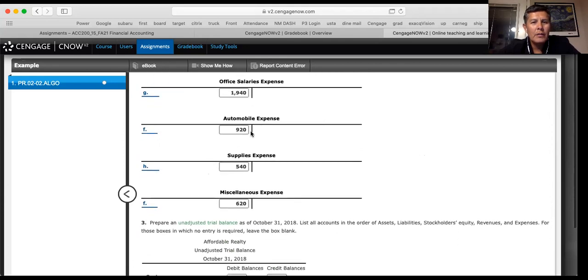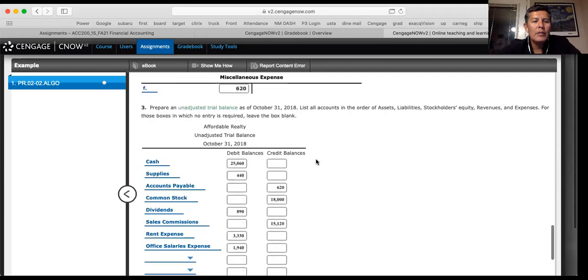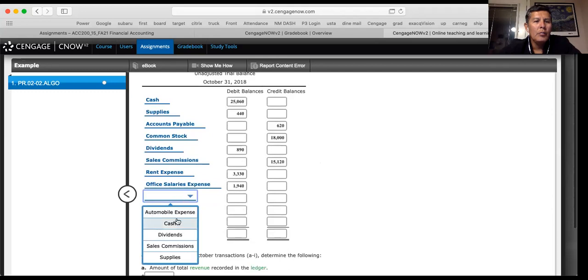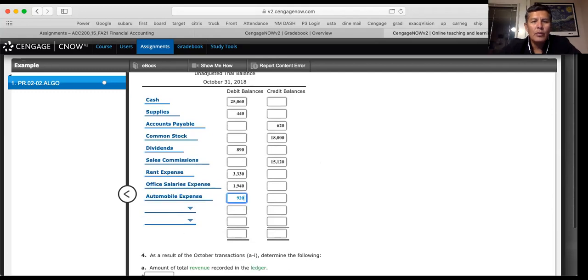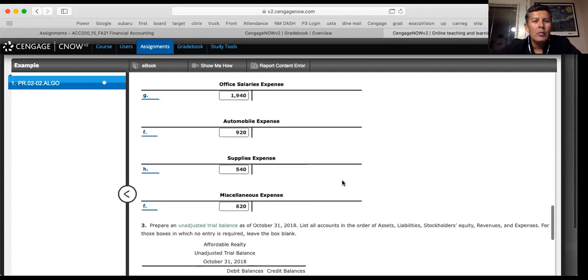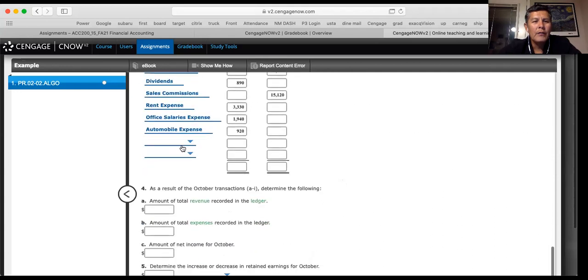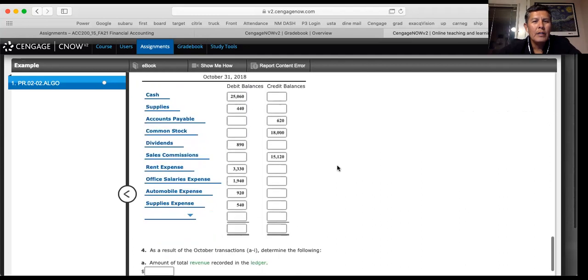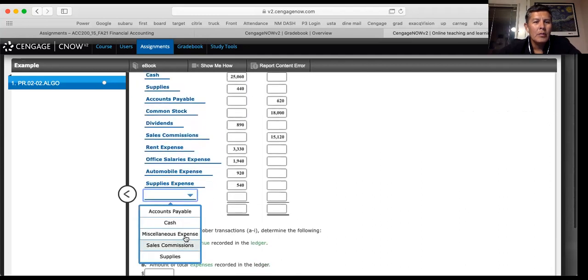See how this is the thing that's kind of tedious, because there's a check and balance that you're going to see here in a bit. Okay. Automobile expense 920. Supplies expense 540. And what's left? Miscellaneous 620.